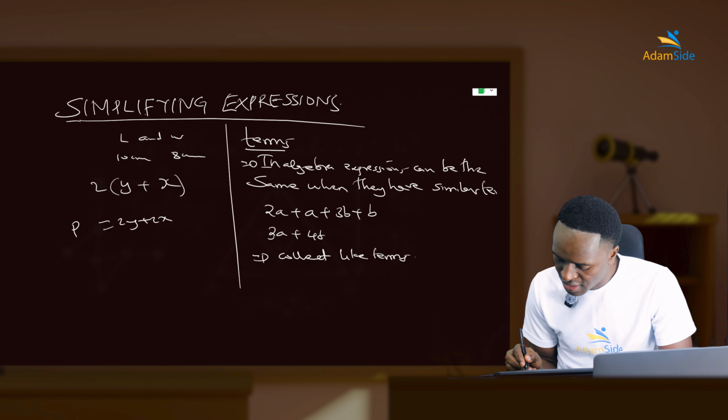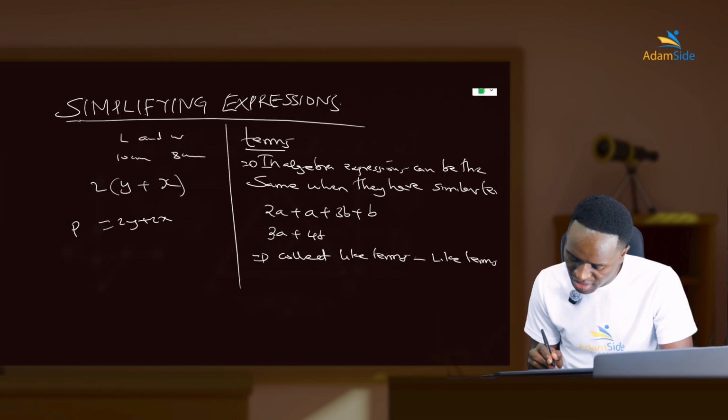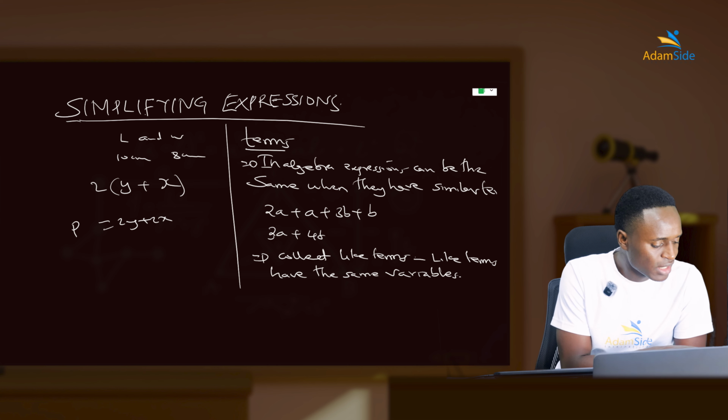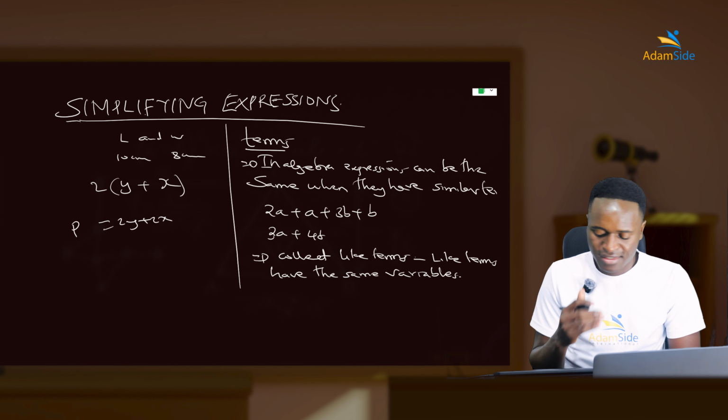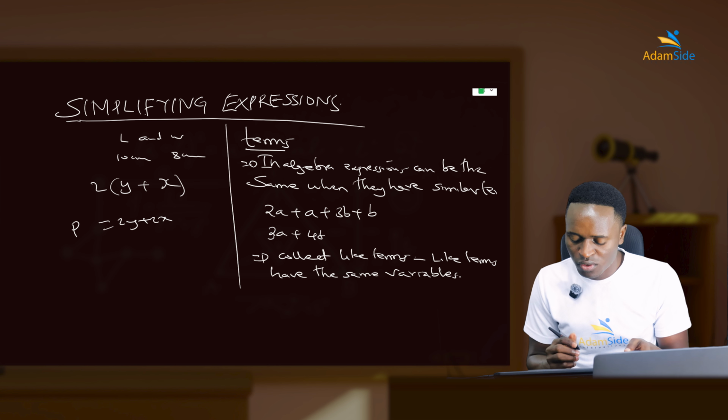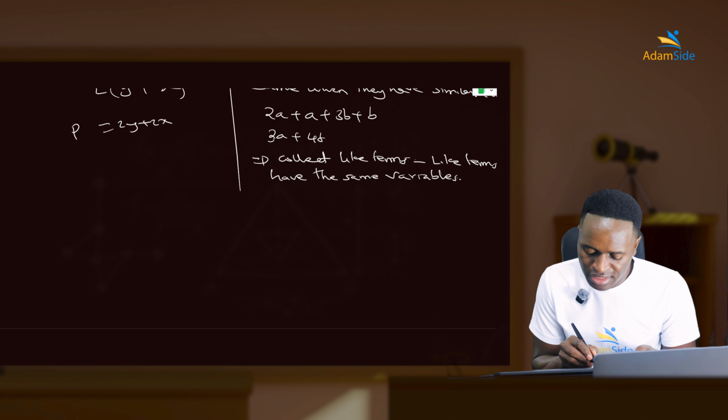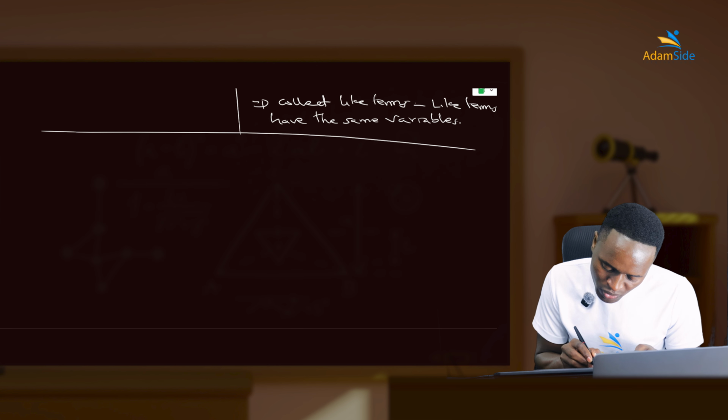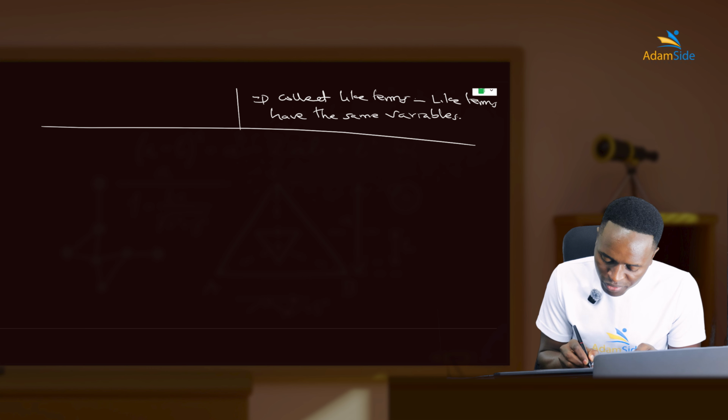So in algebra, like terms have the same variables. What's also important in simplifying algebraic expressions is that we need to know about coefficients.